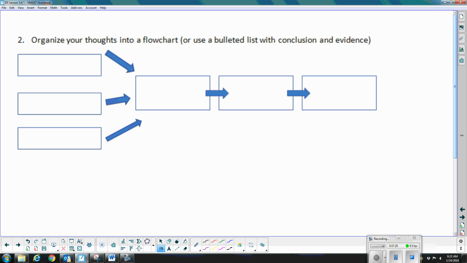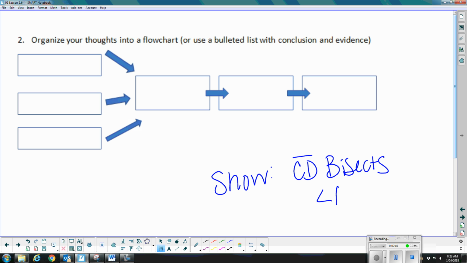So the last thing that we want to do, our proof says show CD bisects angle ACB. Okay, so that's what's going to go in the last box, because you always have to end with your conclusion.